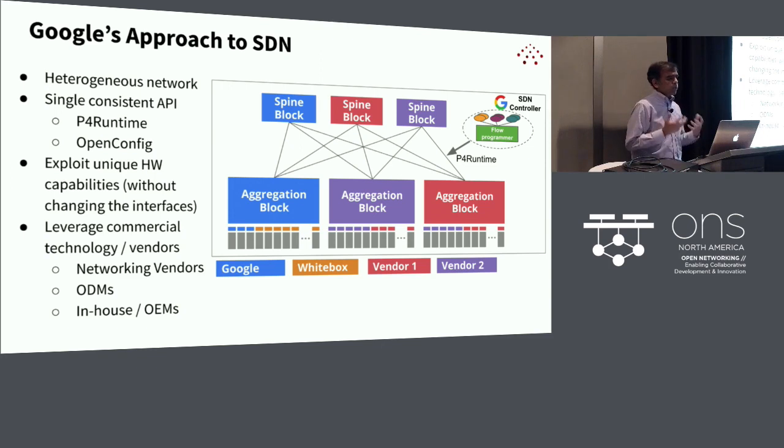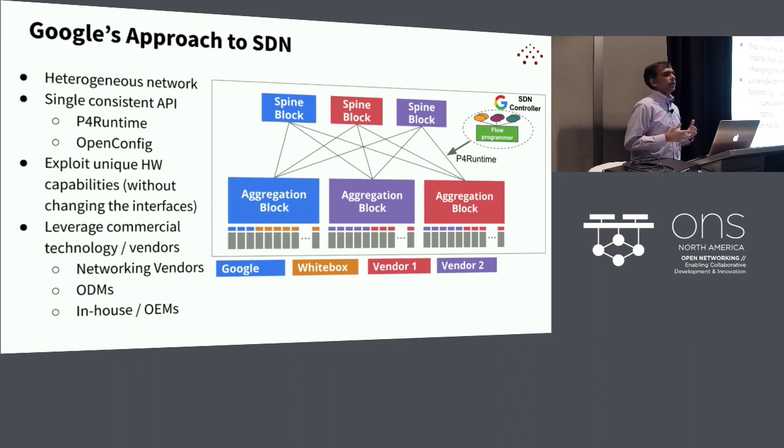Now, what are the challenges here? Today, it's a homogeneous network with almost a single type of silicon.